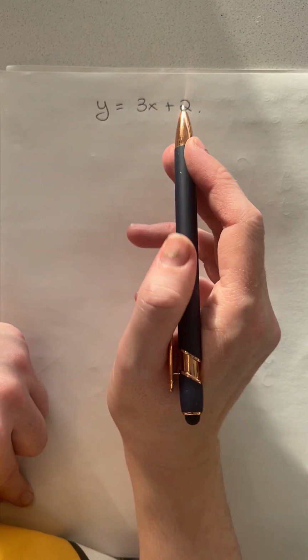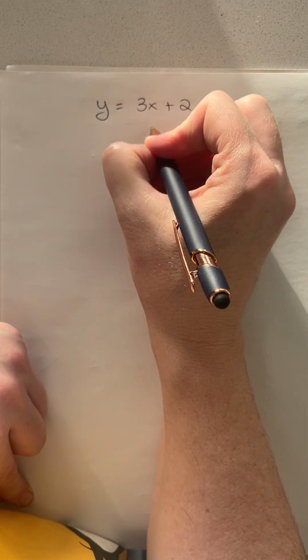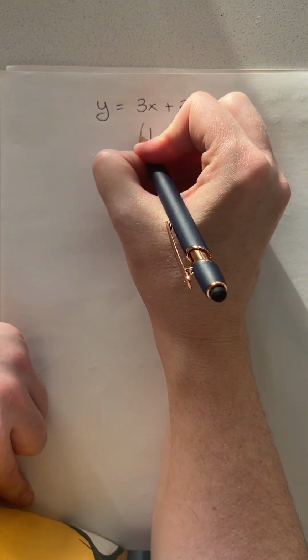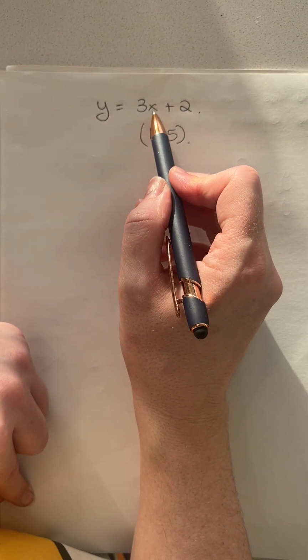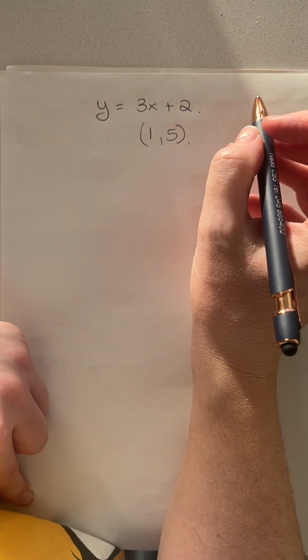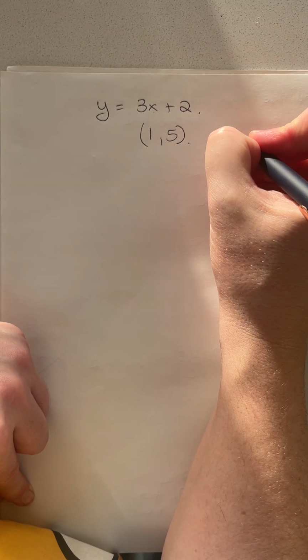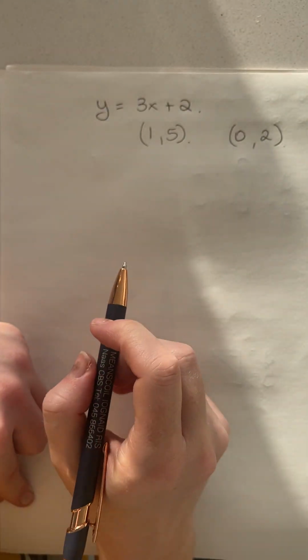Take your time, figure it out. 1 for the x and 5 for the y. Does that work? 3 times 1 plus 2, yeah, that gives me 5. So 1, 5 is a point, and 0, 2 is another point.